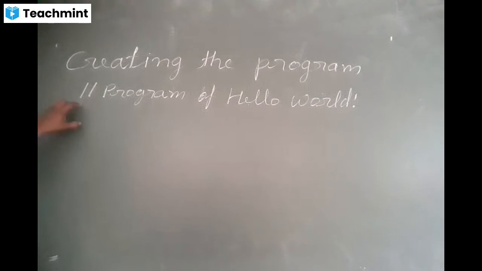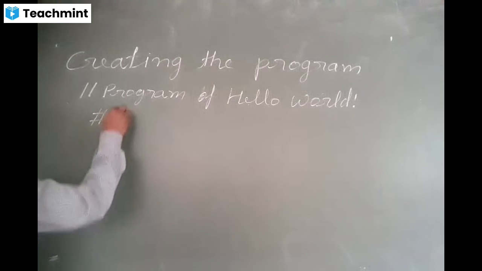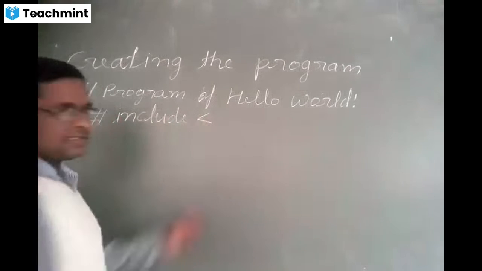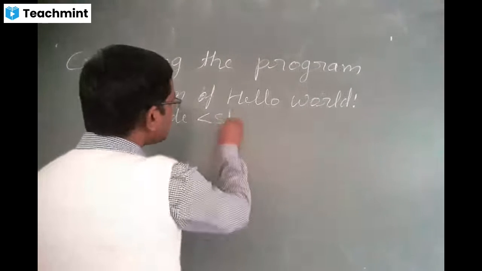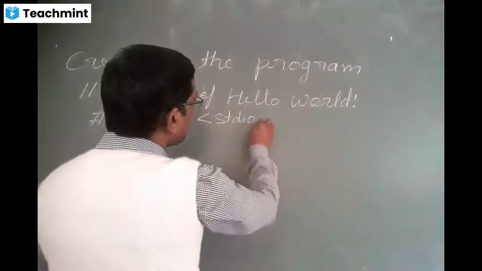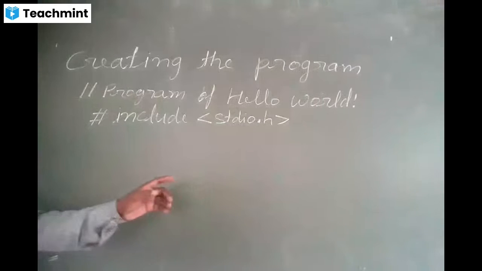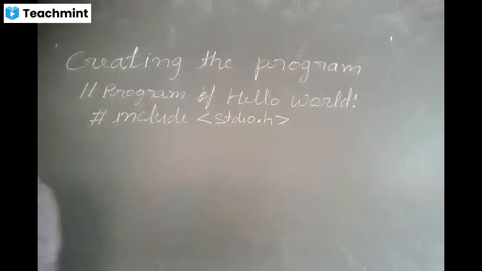So after the documentation section, we come to the link section. For example, in the link section, we write hash include, then the less than symbol, stdio.h, and then the greater than symbol.